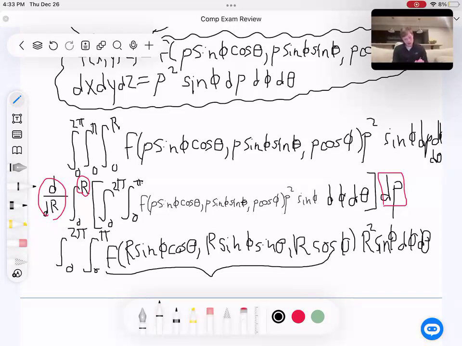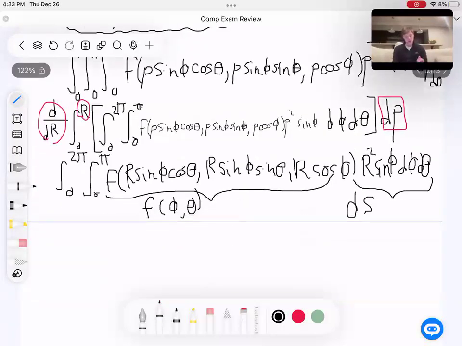Now, if we take a look at this, this f is going to be our function in terms of two variables now. So this is going to be f of phi and theta. We can almost think of it like that. And then this right here, R squared sine phi d phi d theta, can almost be thought of as dS. And this is indeed a surface integral.